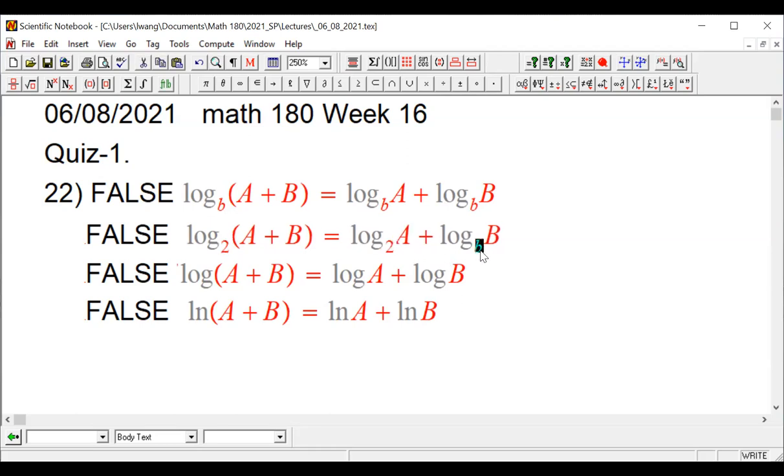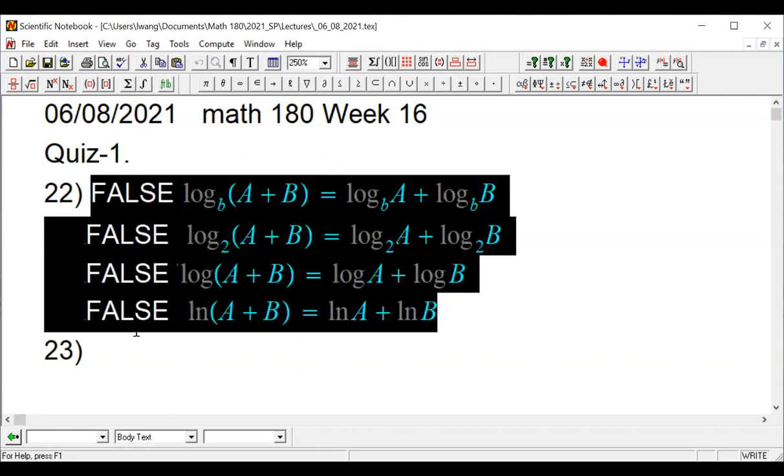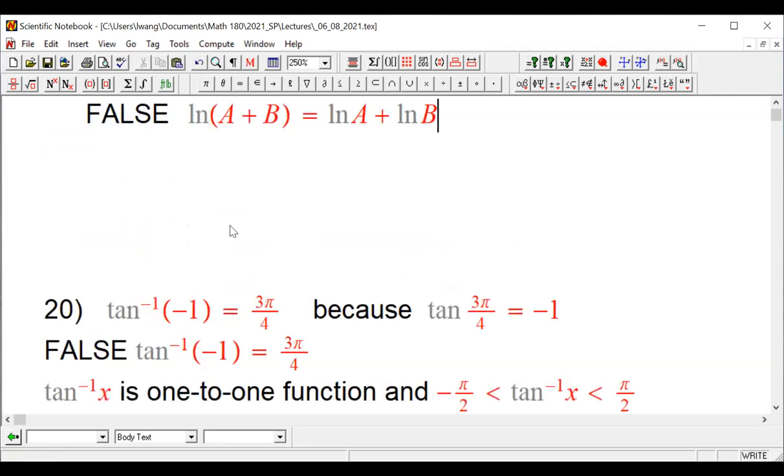Base 2. For all of these cases, we should be able to have counterexamples to counter them. Okay, and number 23, the subtraction case, same thing.